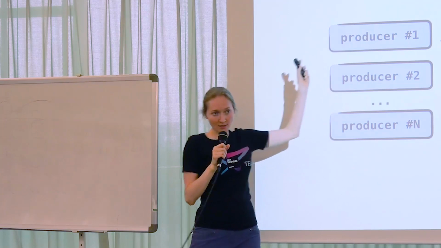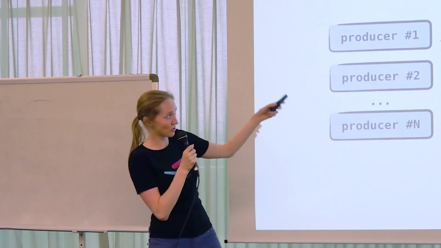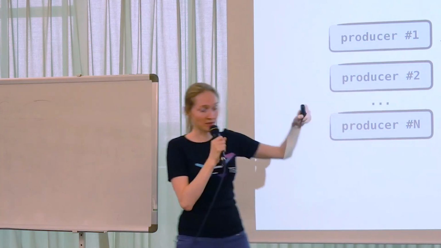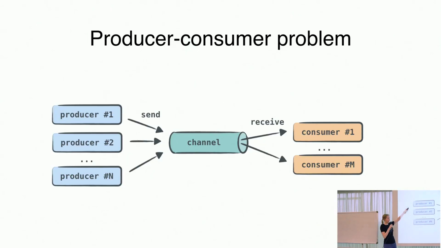Several coroutines can send some information to it, and several consumers can receive information from it. So we call these coroutines producers that produce some data or some information, and those ones we call consumers, and there might be several coroutines on each side.